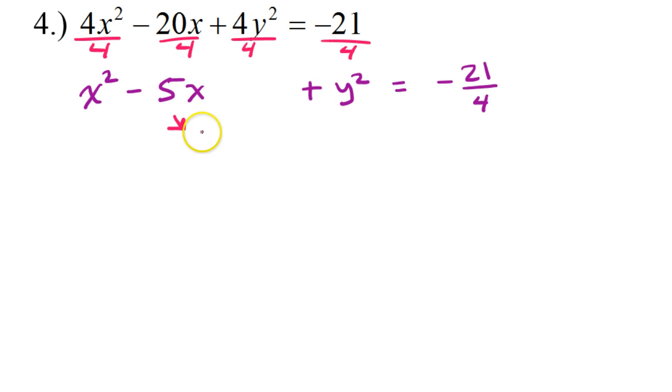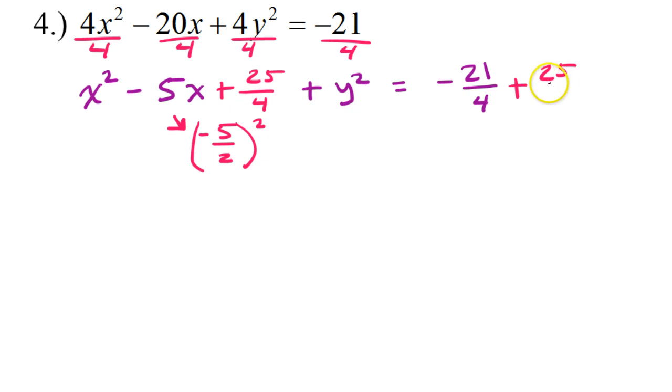But because this is not divisible by 2, all I can really do is write negative 5 over 2. And then I need to square that. So that's going to give me 25 over 4. So that's what I need to add to both sides. So 25 over 4. So now I've completed the square.